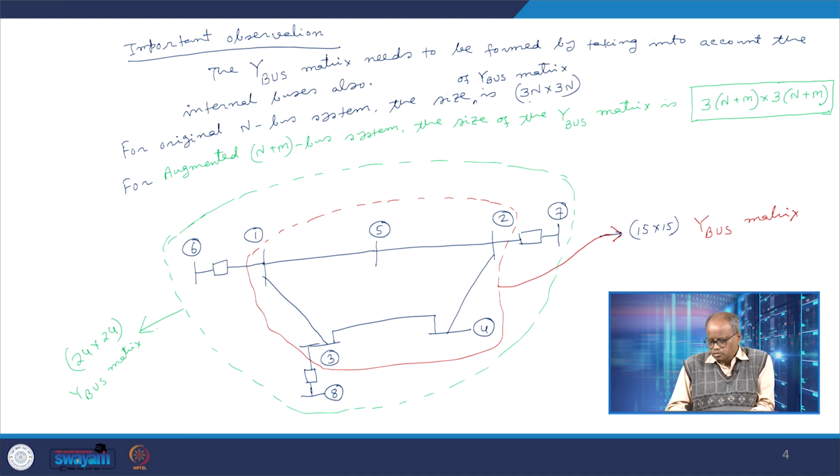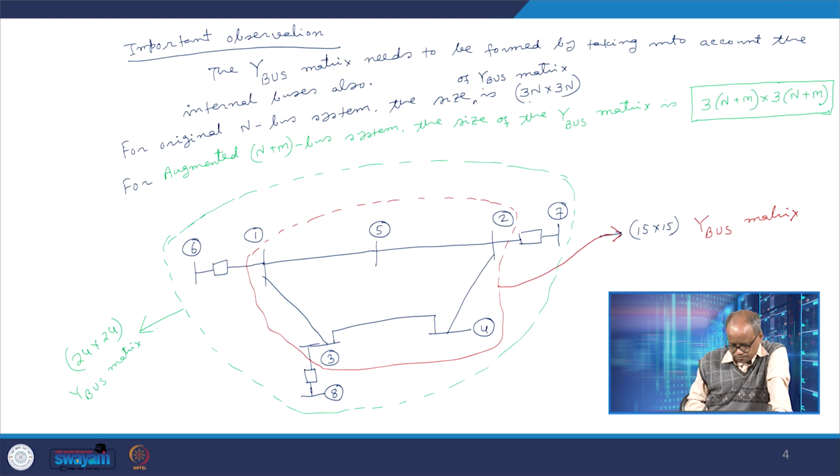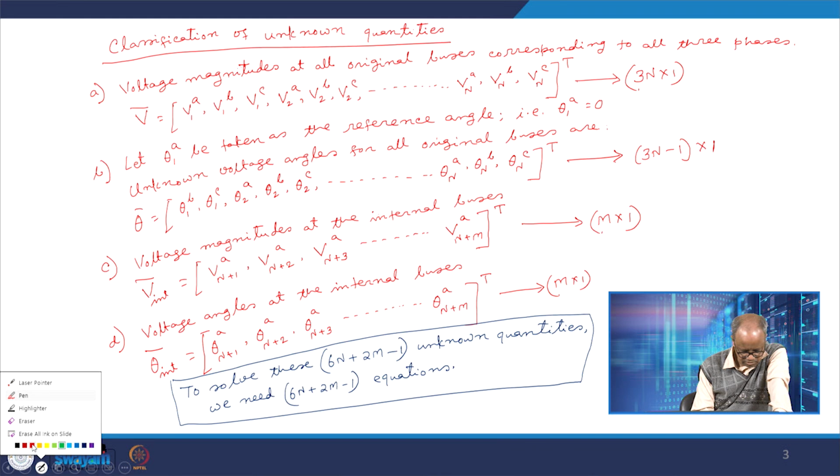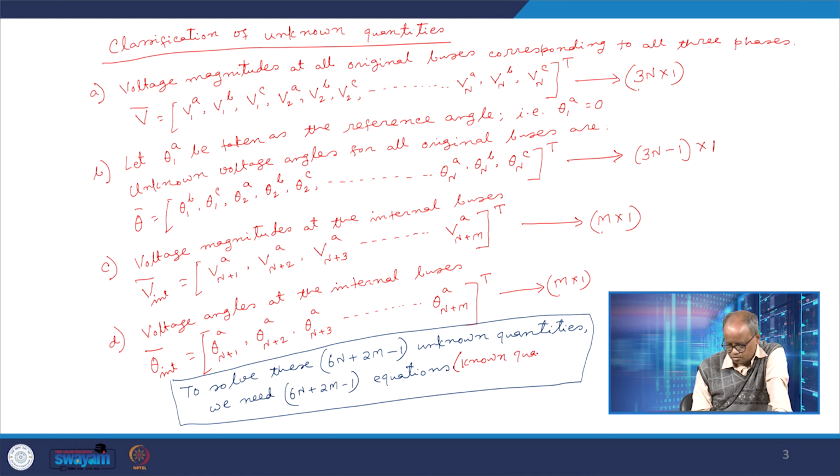So now let us look at the equations. So what are the equations? Now equations means the known quantities. We will talk about the equations essentially later on. Rather, we should actually write it as known quantities, because after all these known quantities will give us the equations.